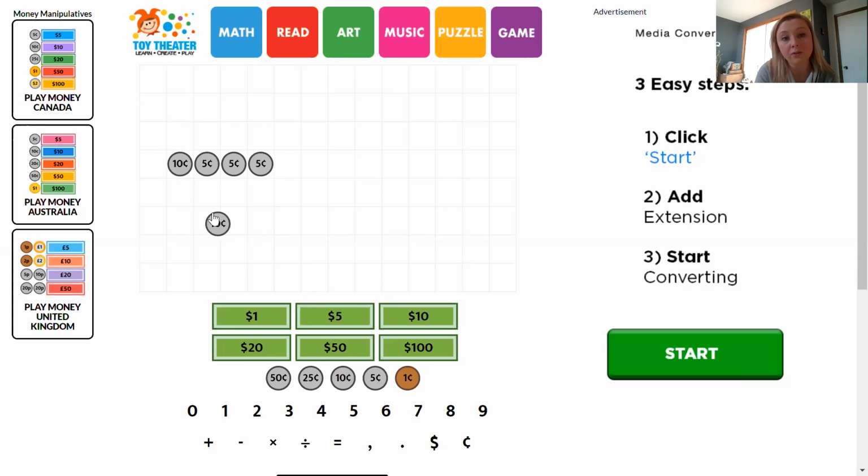Or we could also do 10, 15, 20. So we're at 20 cents, and we could add 5 pennies: 21, 22, 23, 24, and 25. There are so many ways that we could reach 25 cents.